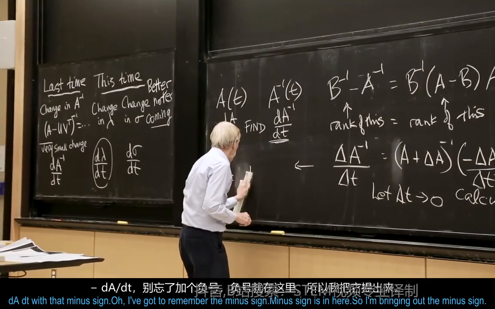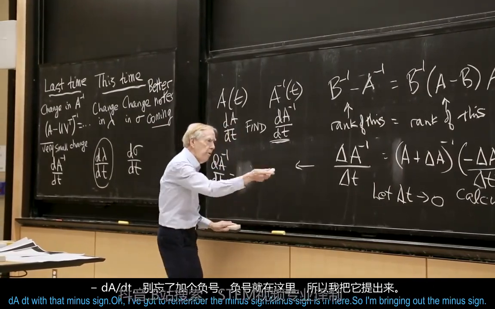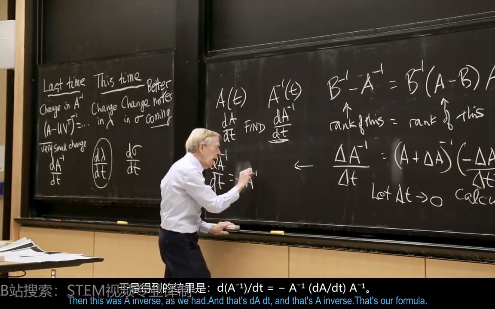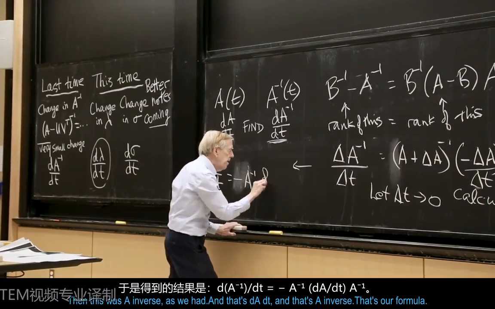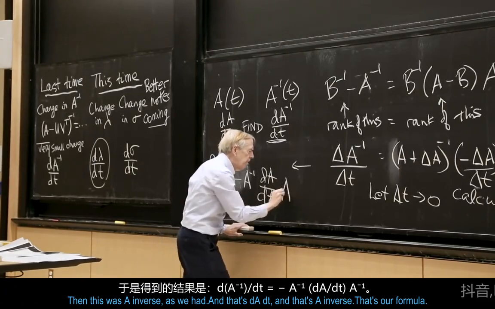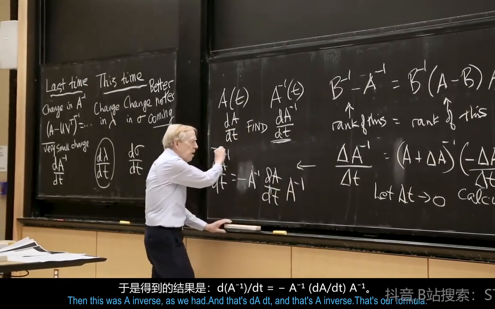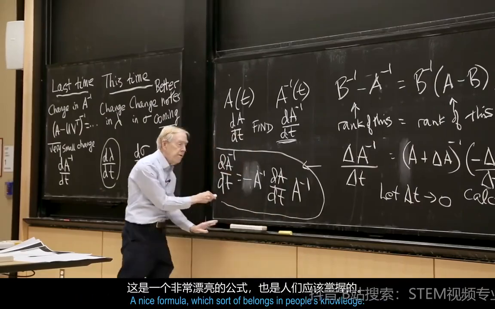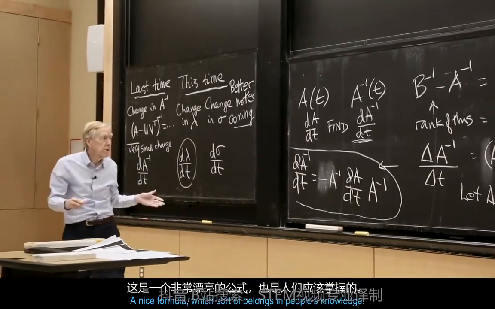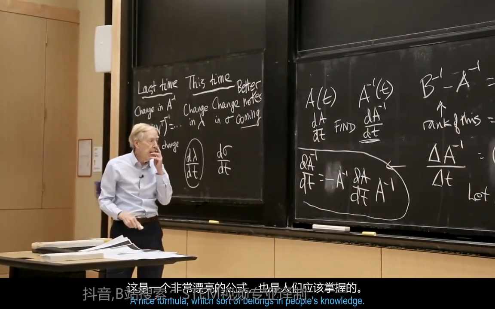So I'm bringing out the minus sign. Then this was A inverse, as we had, and that's dA dt. And that's A inverse. That's our formula. A nice formula, which sort of belongs in people's knowledge.